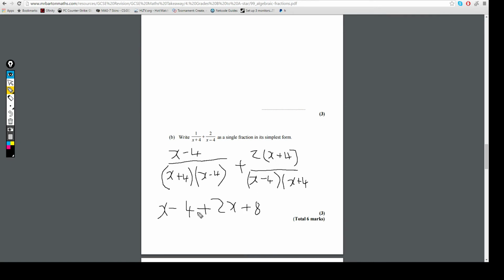And then we're going to add them together, so x plus 2x is equal to 3x, and minus 4 plus 8 is going to be plus 4, sorry, and that's all going to be over that. So if I just write this up here so I don't forget, and I'll clear it out for you guys.